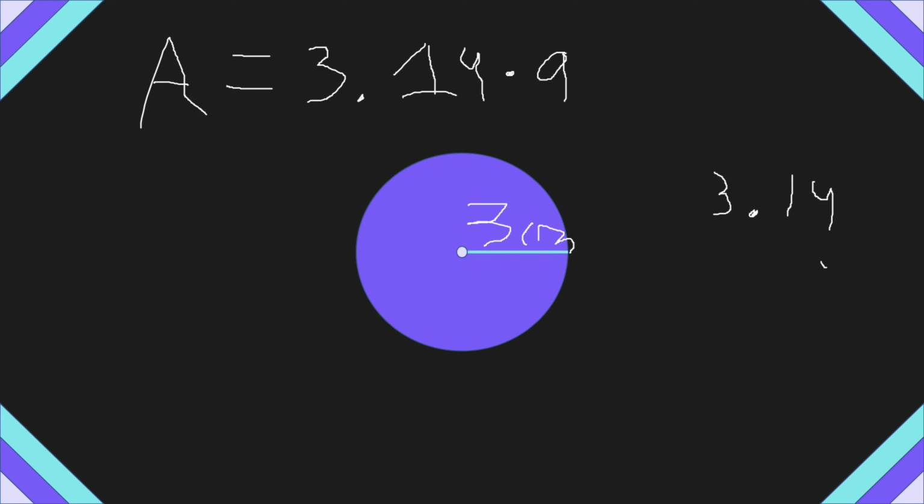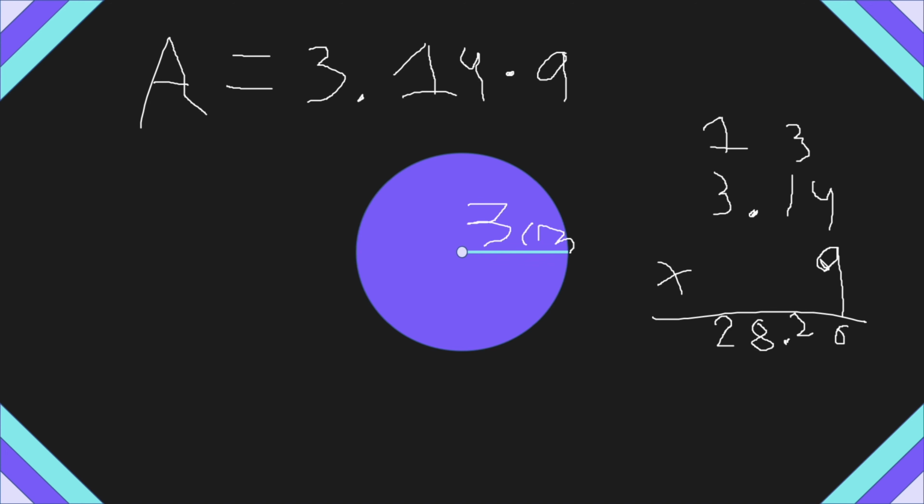Multiplying it out, we have 2 decimal places, so let's put the decimal point over there.